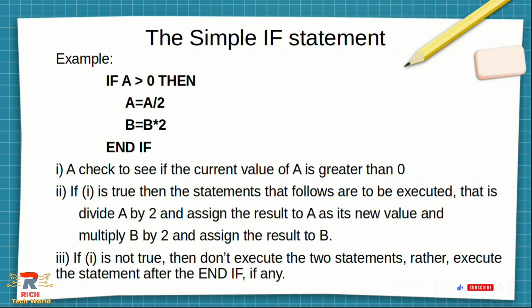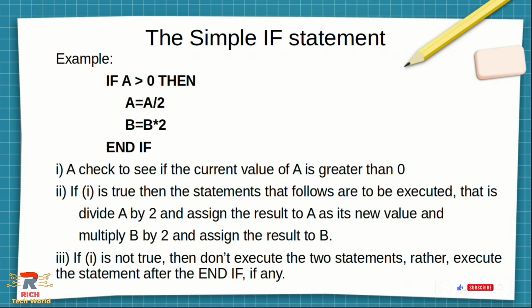So here we are using the if a is greater than 0. That means there is going to be a value in a, and in this case a is a variable which we can classify as an operand. In one of our tutorials where we spoke about operators, we also made mention of operands, and we said that they could be variables, they could be expressions, and so on.